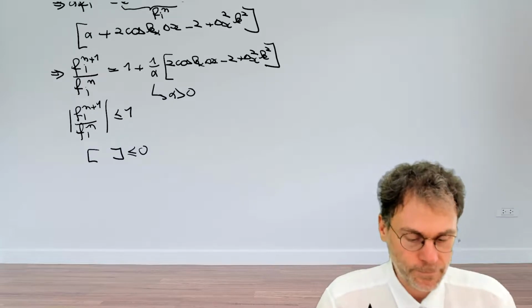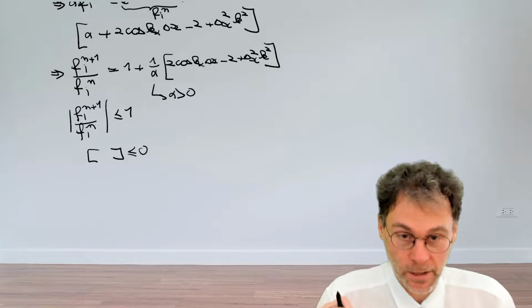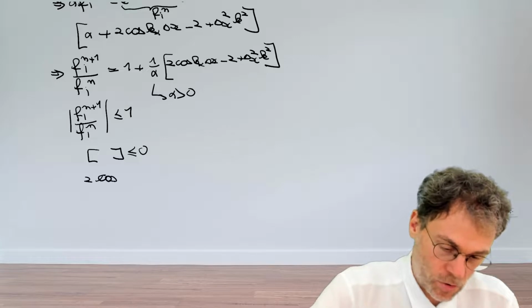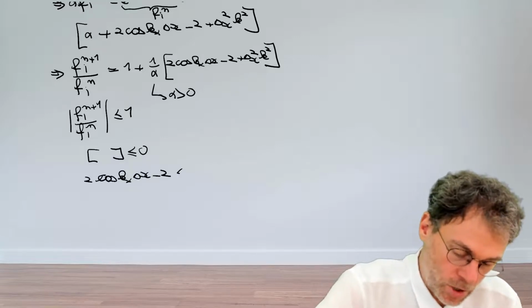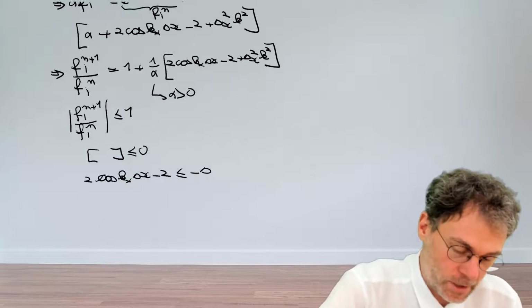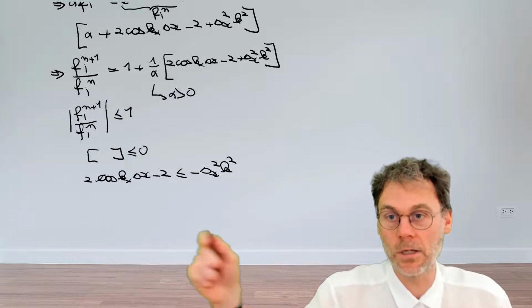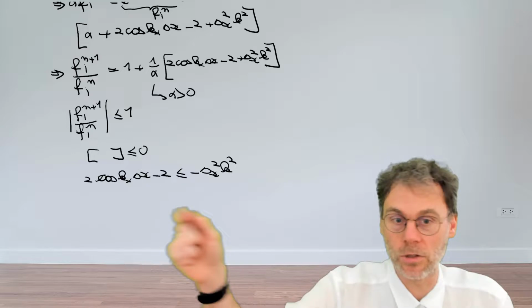Worst case can be equal to 0. If this thing should be negative, then we should have that 2 times cosine kx delta x minus 2 should be smaller than minus delta x squared k squared. That at least will guarantee that alpha no longer plays a role here. So now we have this condition to look at.